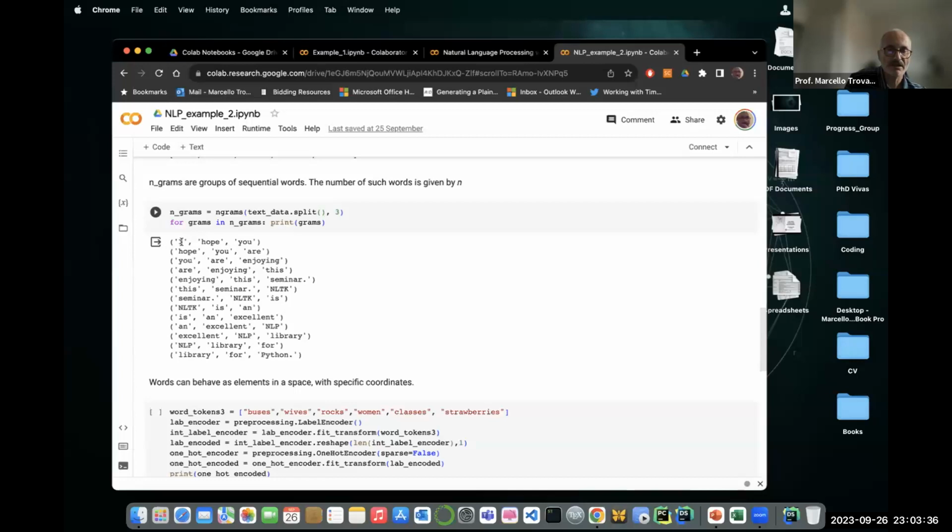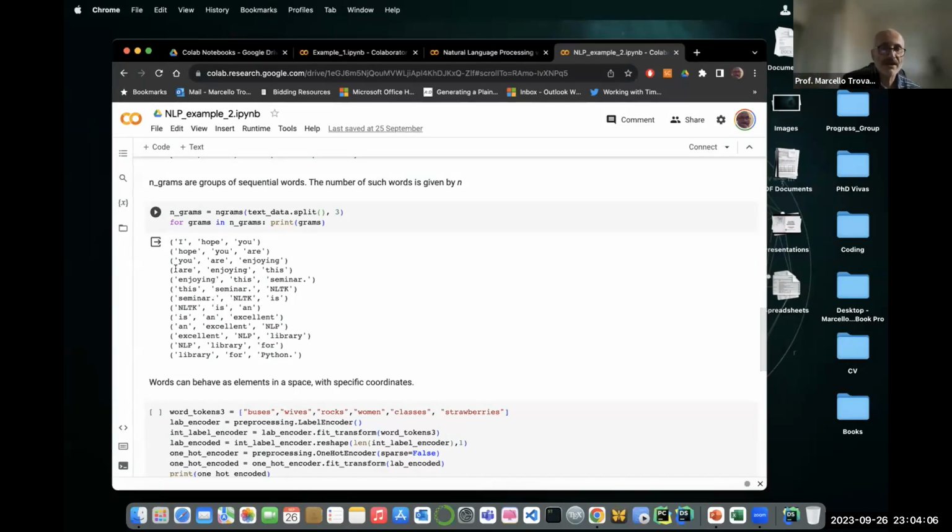That means I take the first 3 words, I hope you, and then I move by 1, and then you say hope you are, and so on and so forth. That is useful, especially when it comes to co-occurrence. And you can actually download different n-grams, 2 grams, 3 grams, 4 grams, etc.